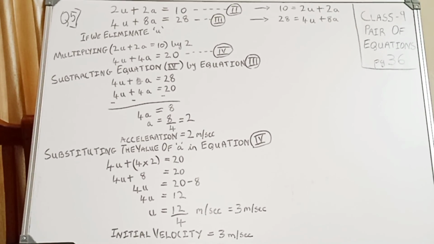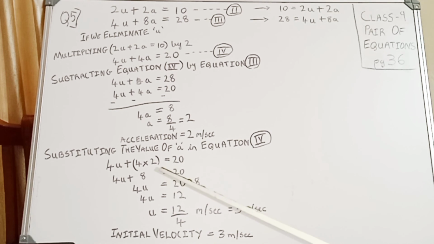So this was for class 9, pair of equations, page number 36. We have solved the 5th question. We found the acceleration as 2 meter per second squared, and u stands for initial velocity.